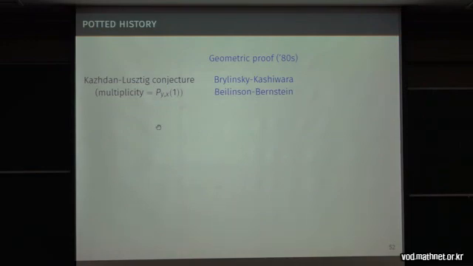And this was done by Brylinski, Kashiwara, and Beilinson-Bernstein. And the Jantzen conjecture, that this graded multiplicity is given by the Kazhdan-Lusztig polynomial, is Beilinson-Bernstein about 10 years later. So basically, the Jantzen conjecture has repeatedly shown itself to be harder than this one.